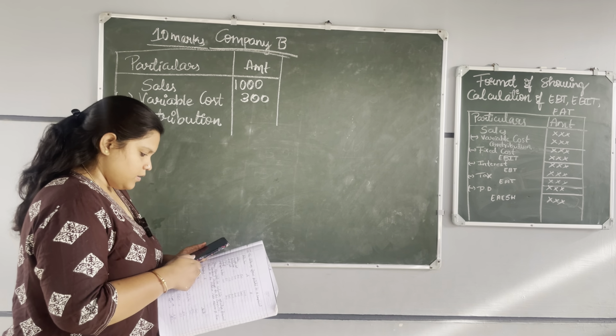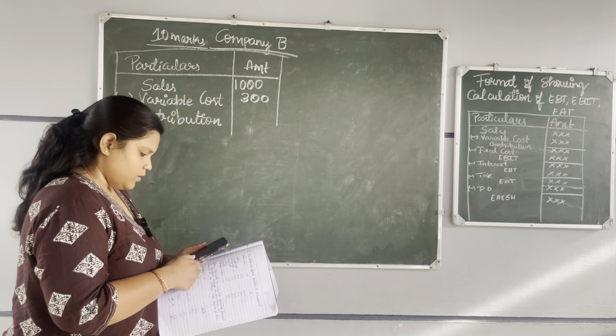For operating leverage, I have already said what the formula is: contribution divided by EBIT. Here the contribution amount is 700 and the EBIT amount is 300.